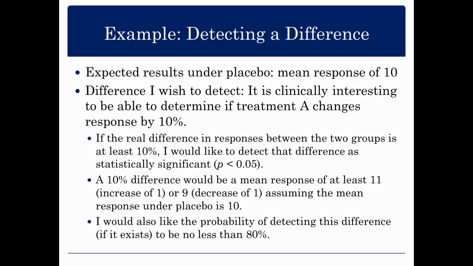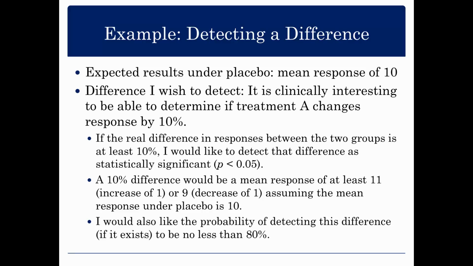If that difference is only a 1-unit difference, then that's what I should power my study to detect. If that difference is a 10-unit difference, then I should power my study to detect that. In this case, it would be clinically interesting to me to be able to detect a difference of about 10% in this outcome if it actually exists.